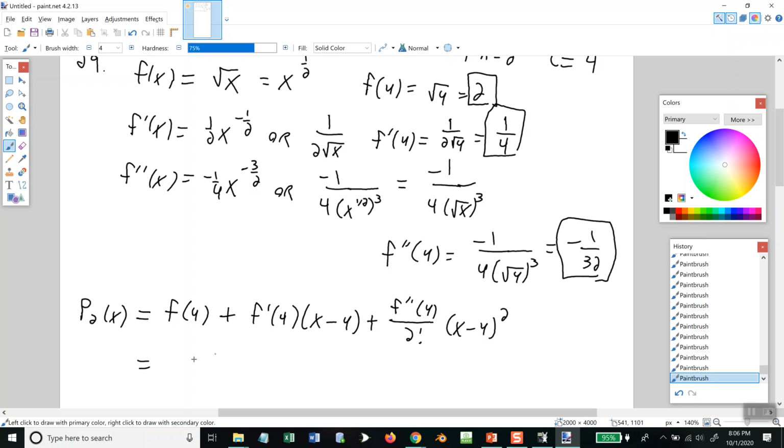Well, f of 4 is 2, plus 1/4 times x minus 4, plus negative 1 over 32. 2 factorial is 1 times 2, times x minus 4 squared.